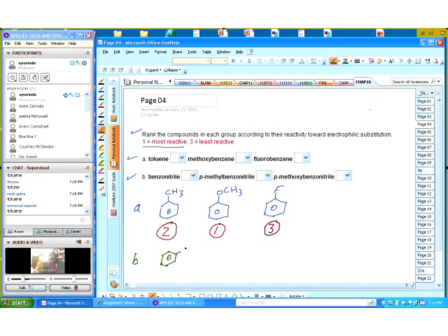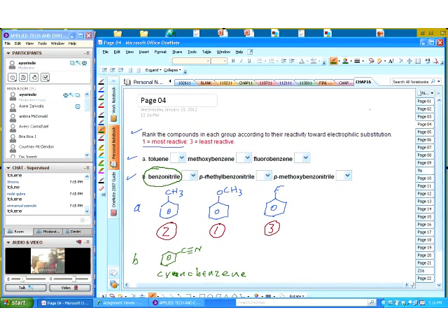Benzonitrile is benzene attached to a cyano group, which is a carbon-nitrogen triple bond. So we could call this cyanobenzene. The common name is this here. This is the common name for that molecule, benzonitrile.